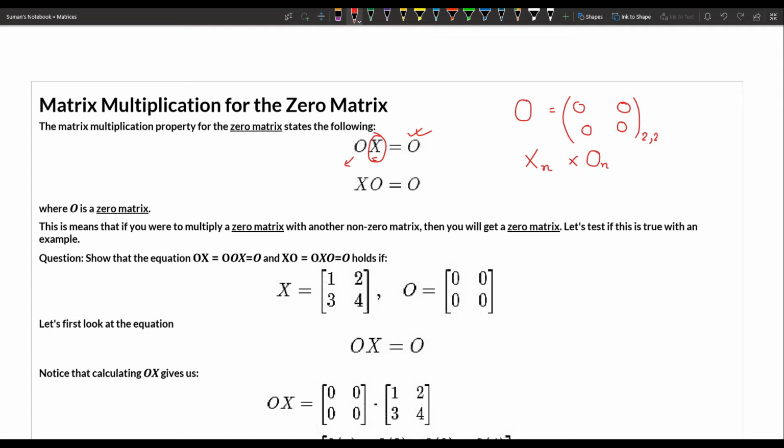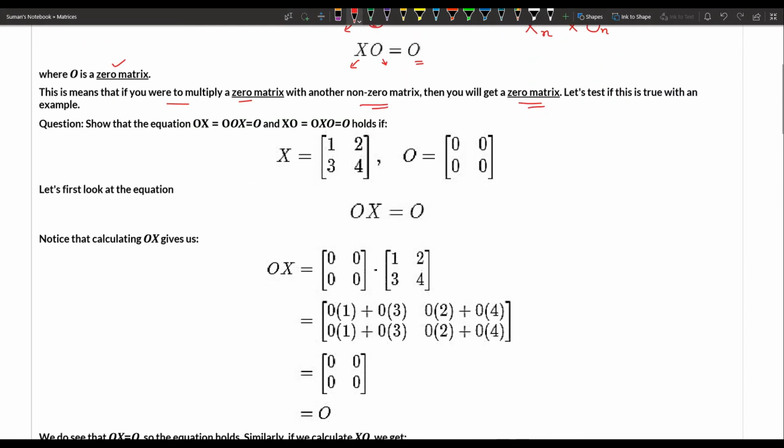That is also true if we have X on the left hand side and the null matrix on the right hand side; the result is again the null matrix or the zero matrix. That means if you multiply a zero matrix with another non-zero matrix, you get a zero matrix. Let's check if it is true or false.